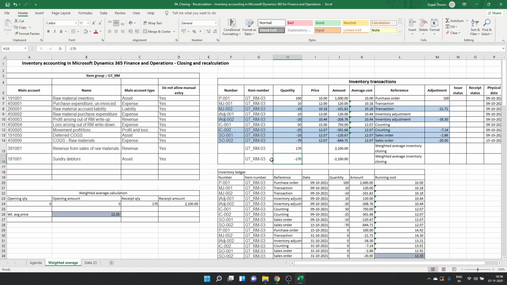It means all the receipt and issue transactions are settled against each other as per the inventory valuation model.